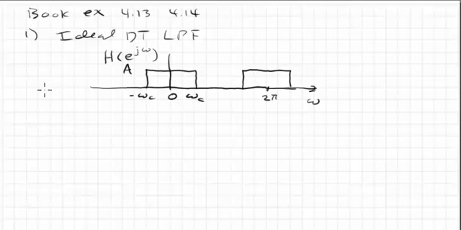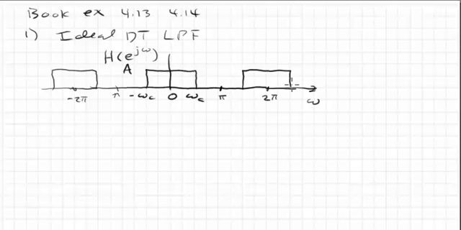And so there's one down here at minus 2 pi as well. These are just replicas of the original signal. Draw in some little markers here. All right, so that's an ideal low-pass filter.